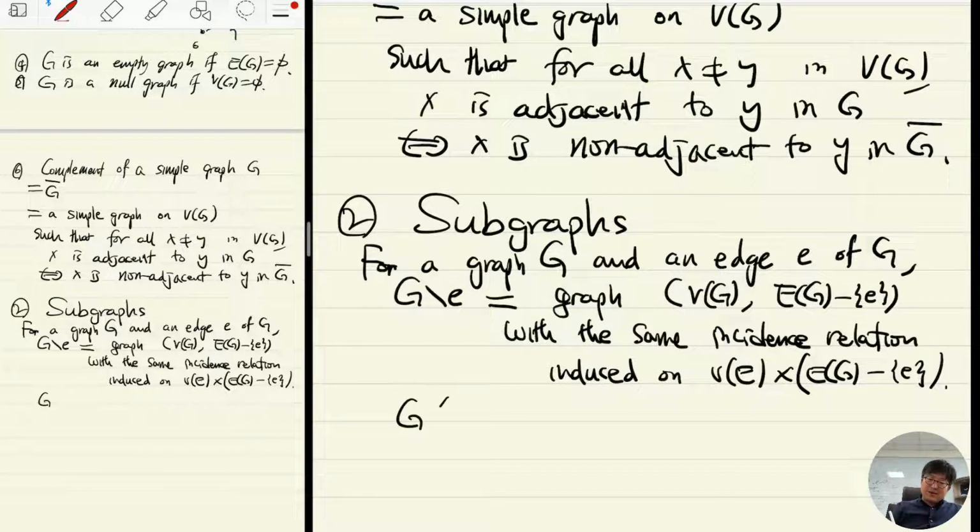How about contractions? Let's not do the contraction now. I will do it later.